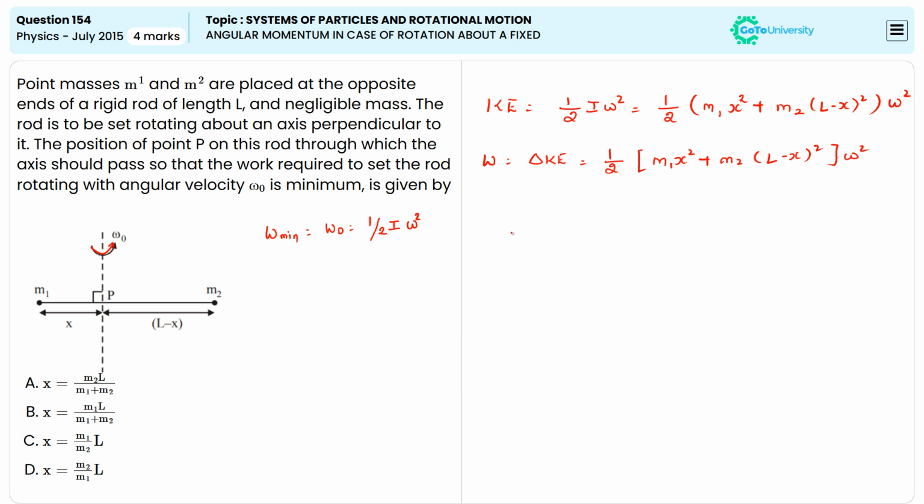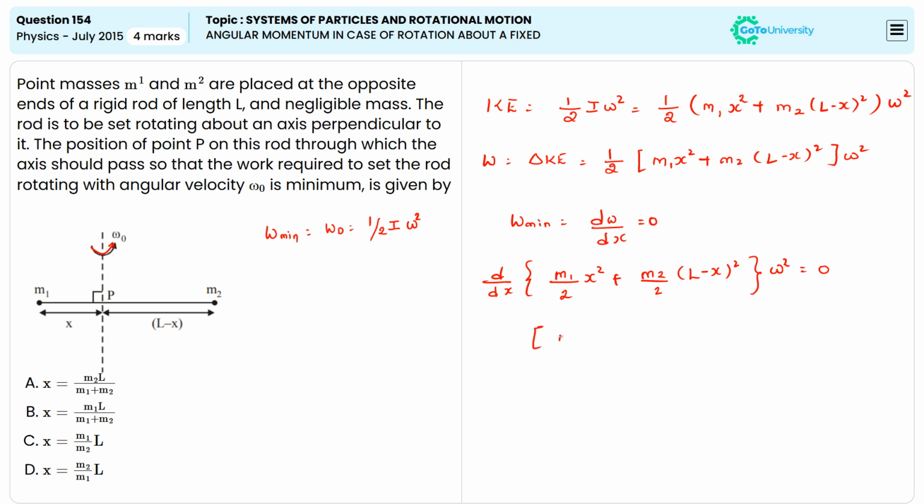For minimum work, we differentiate the work with respect to x: dW by dx is equal to 0. Then d by dx of m1 by 2 into x square plus m2 by 2 into (L minus x) whole square into omega square is equal to 0.